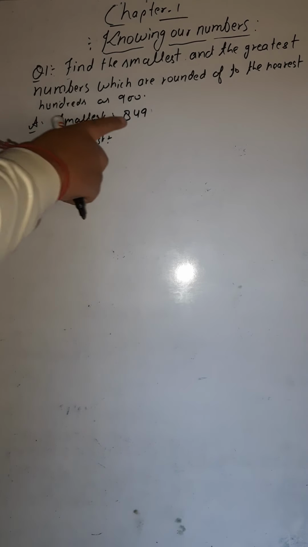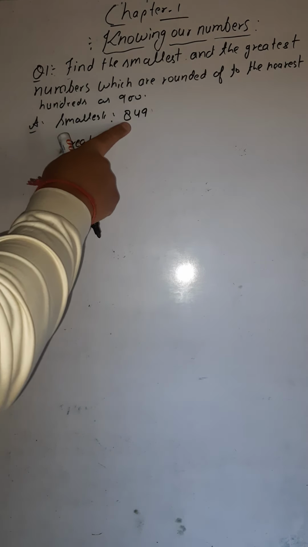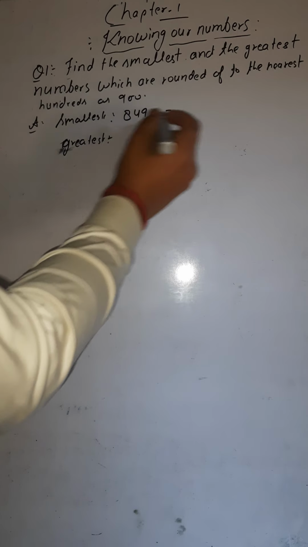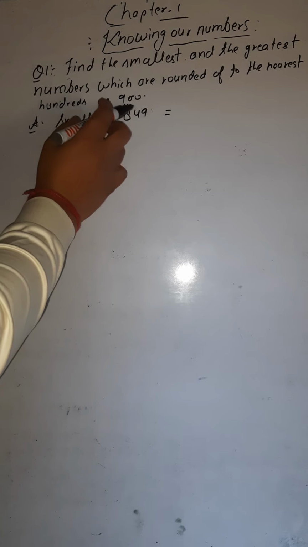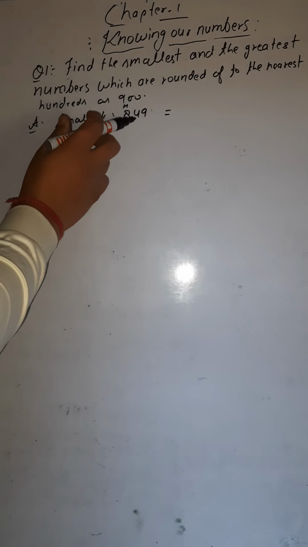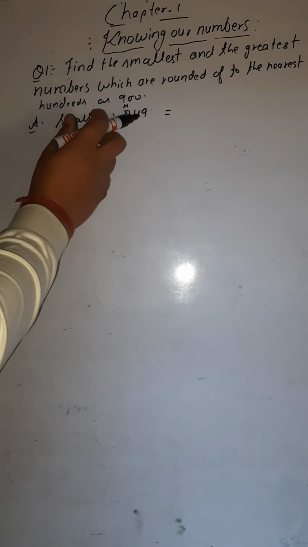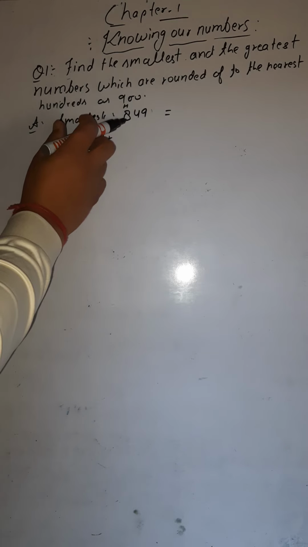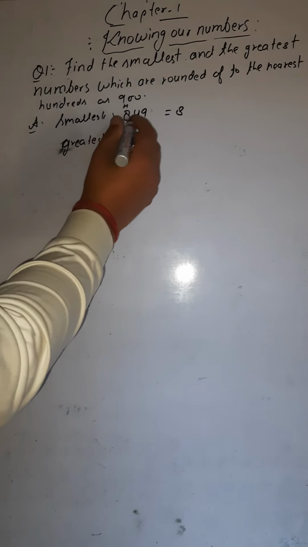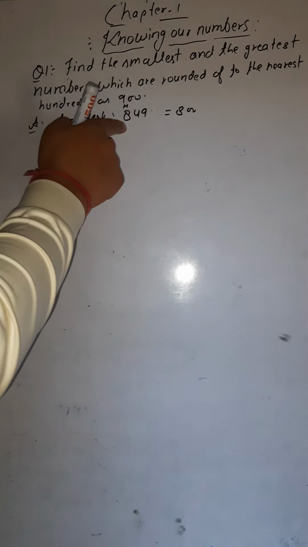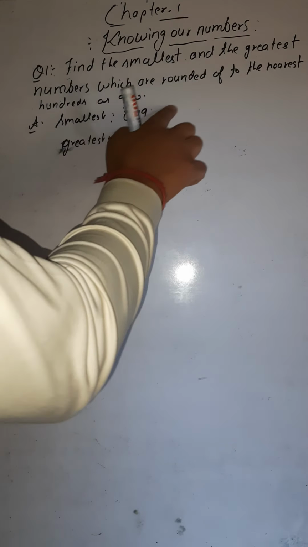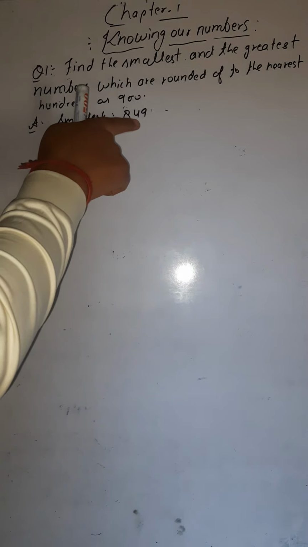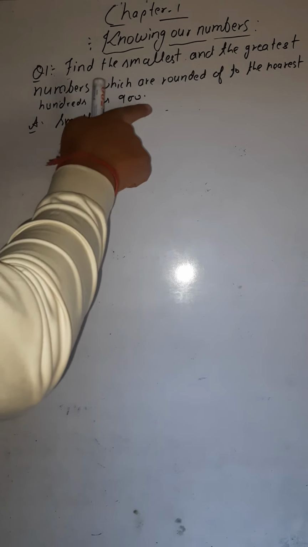Now if you are rounding it off to the nearest 100, you are going to check the tens place. The tens place is 4, which is less than 5. So you are not going to add 1 here. The answer would be 800. So I would take now the number which is just greater than 849.